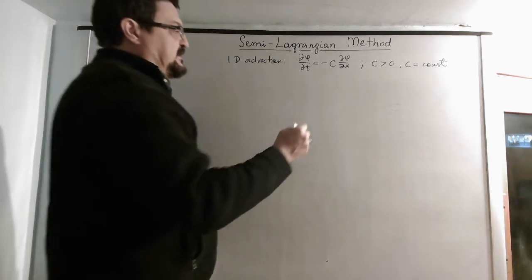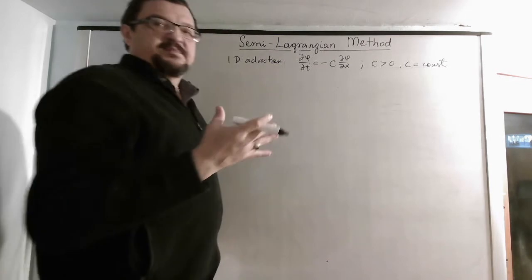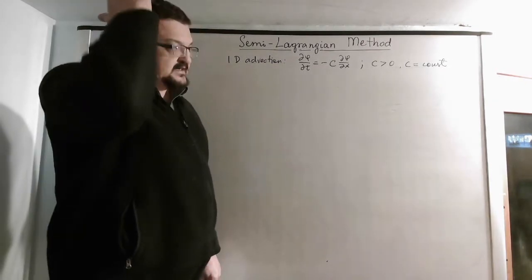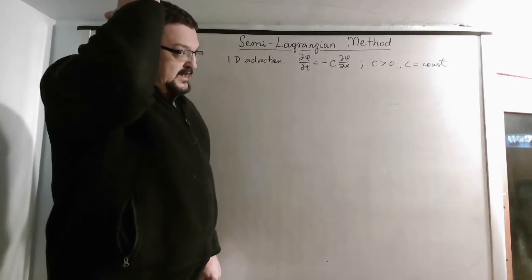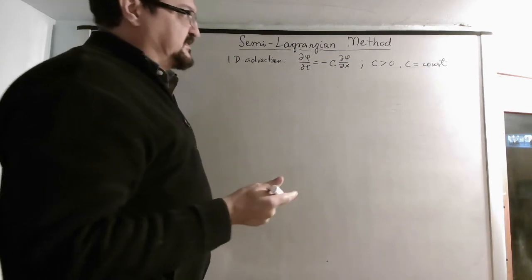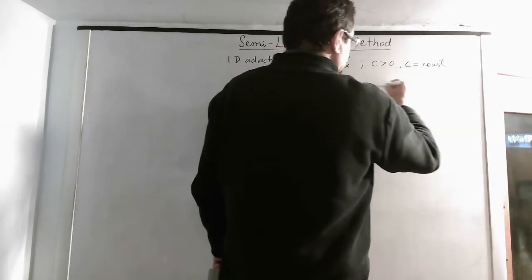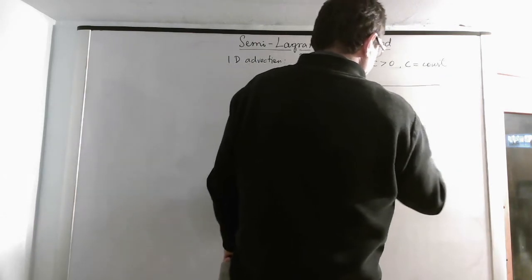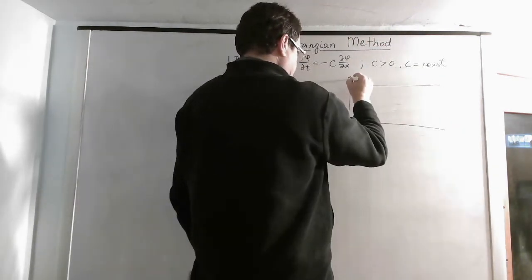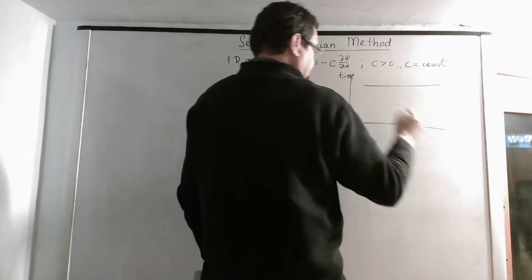Basically, as we did in one of the previous lectures when we considered simple advection schemes like the upstream bias scheme and so on, let's use this diagram. We have time on this axis, space on this axis.